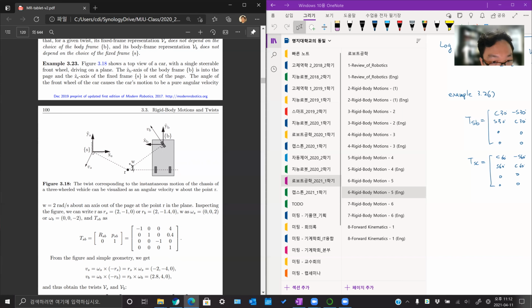So the point R based on the S frame is 2, -1, 0.